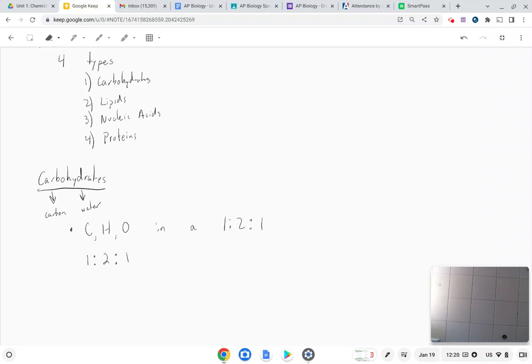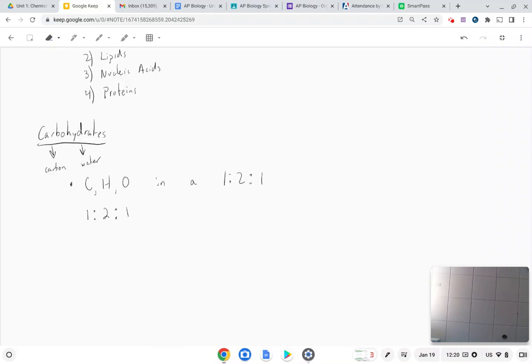Let's look at some carbohydrates that you must know like the back of your hand. That would be the monosaccharides. There are 2 that I want you to know.